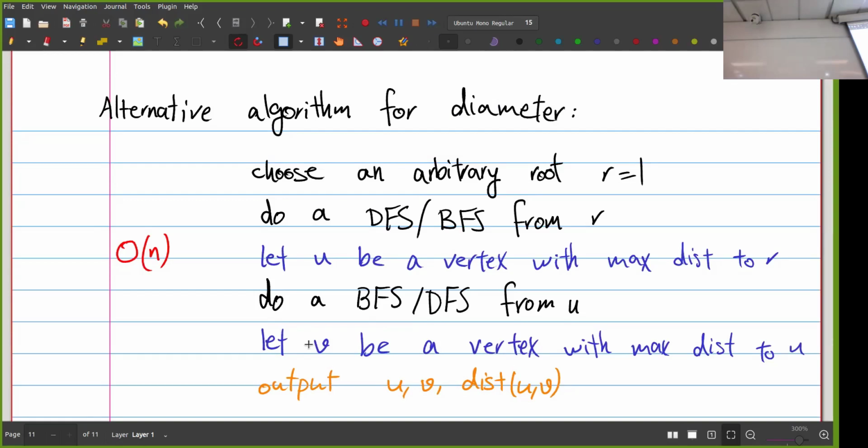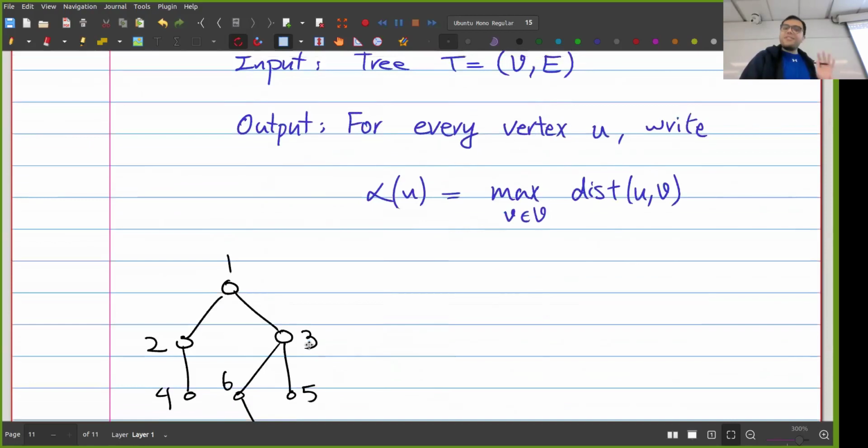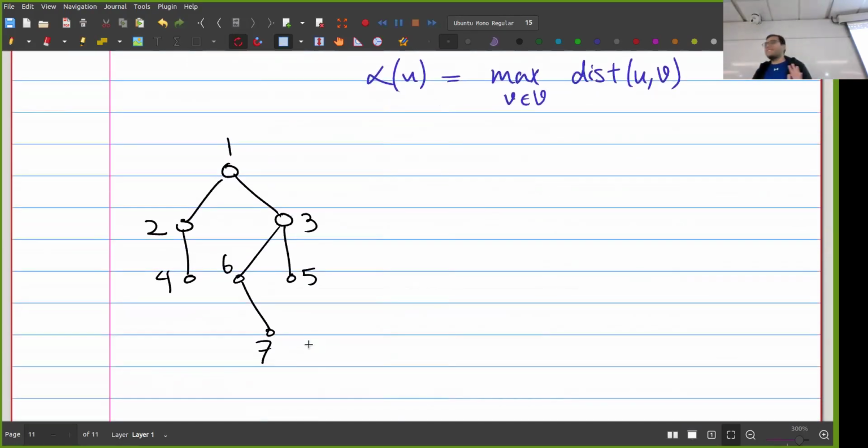And then you just find the distance from U to every vertex and the distance from V to every vertex. And because you know that the farthest vertex from any W is either U or V, you know which one to output, right? You just look at the maximum. But I want to use dynamic programming. Okay, this session is about dynamic programming. That's why I'm not giving you those proofs either.